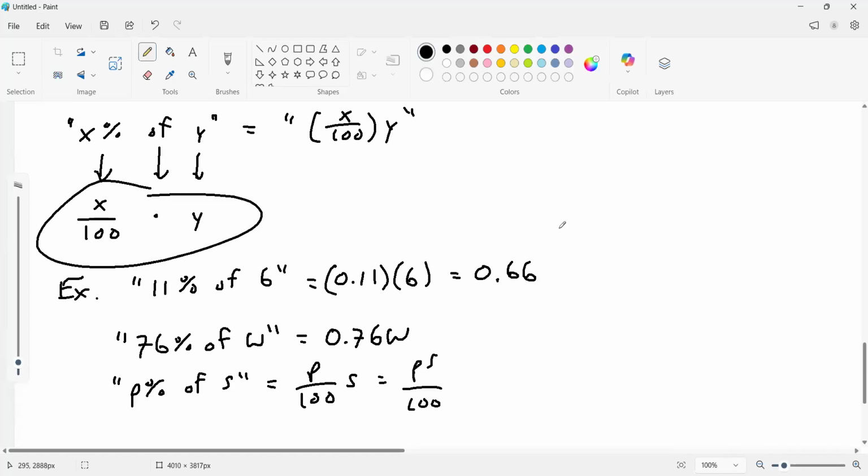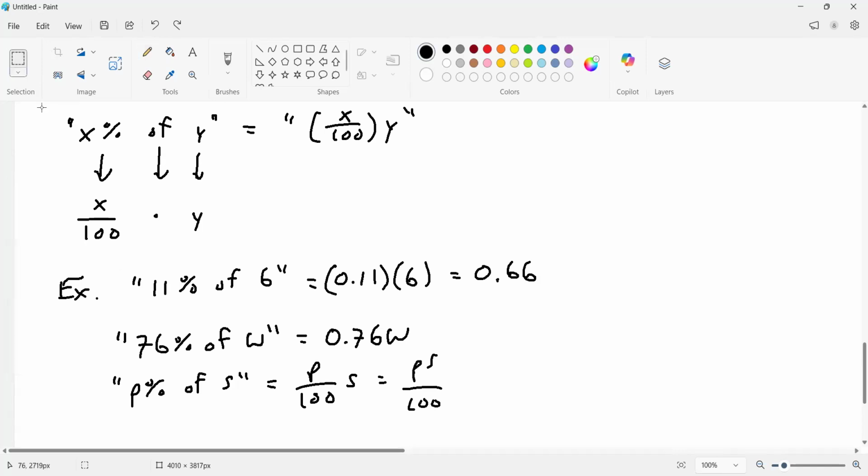Instead, remember this general structure. Your X% is always going to be either an easy-to-write decimal or in terms of some variable, so you can put it over 100. And then the "of" simply means multiply, so you're multiplying it by whatever value you're taking a percent of. And if you can do that, you're set for a ton of percent type problems.